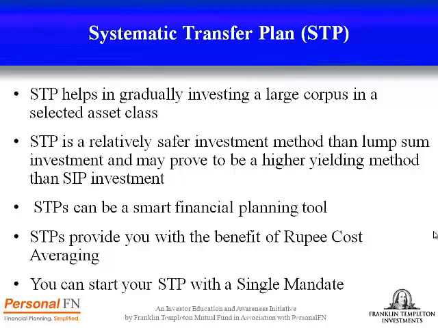Like SIPs, STPs help in gradually investing a large corpus in select asset classes like equities. But unlike SIP, in STP the investor initially invests in less risky liquid funds that may offer better returns and over time gradually or systematically transfers a certain amount from the scheme to another scheme, which may be an equity fund from the same fund house.